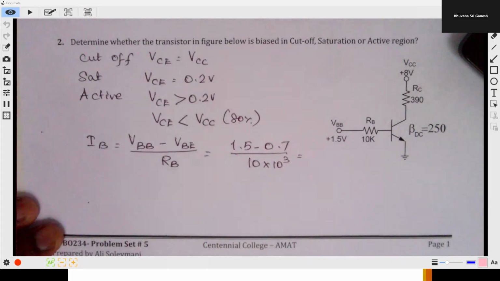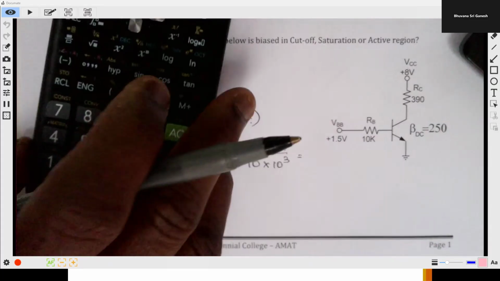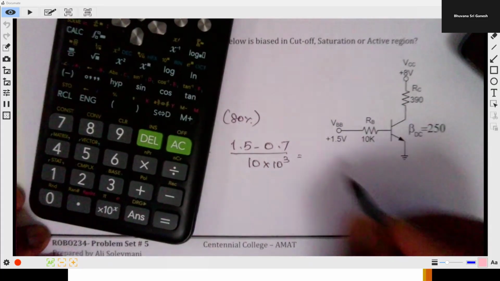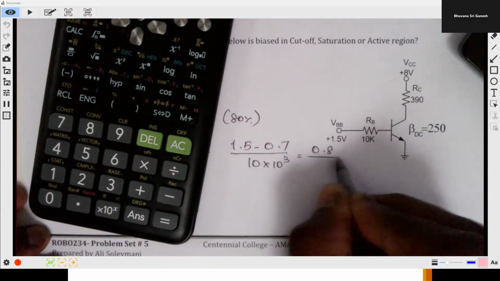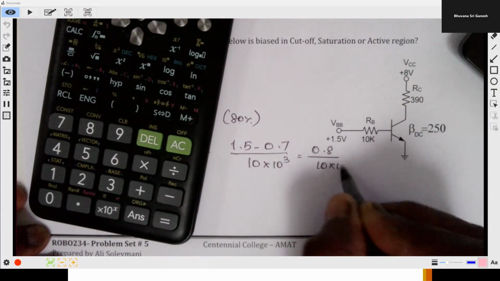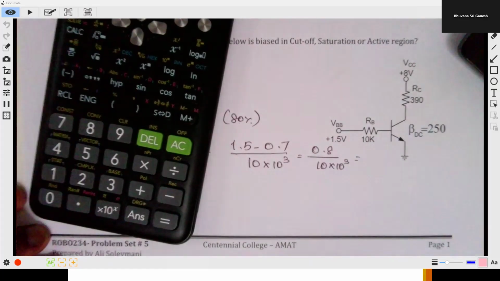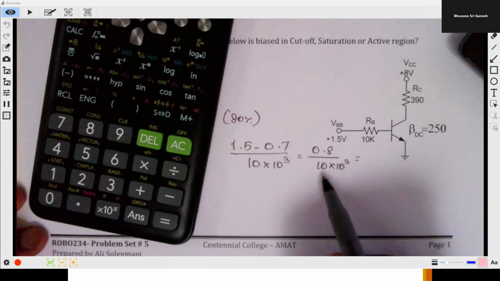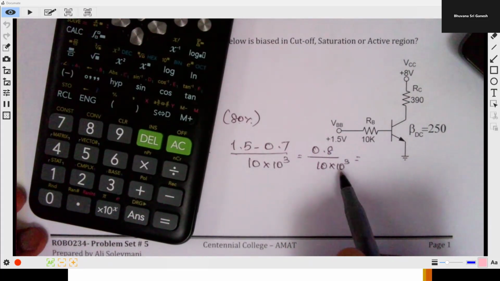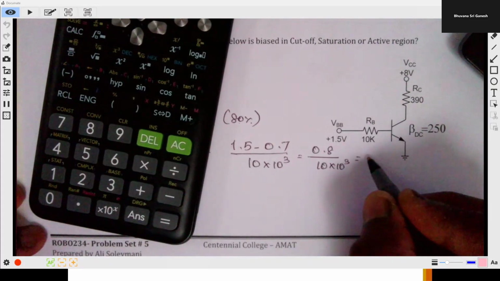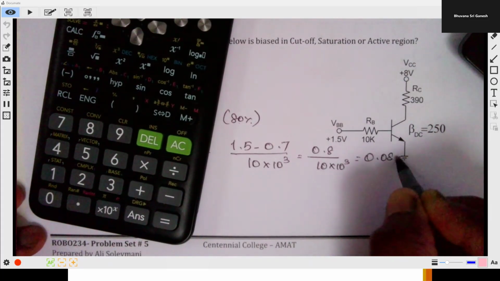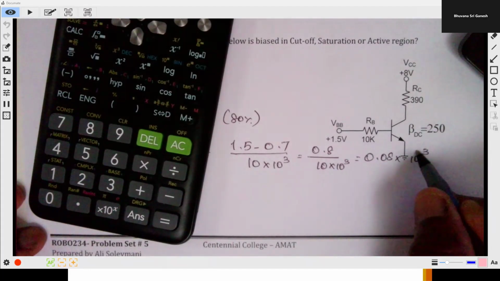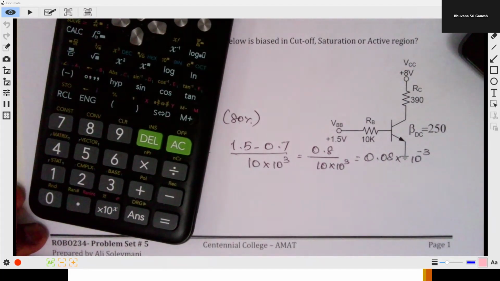On the calculator, 1.5 minus 0.7 is 0.8, right? 0.8 divided by 10 times 10 power 3 becomes 0.08 times 10 power positive 3, because the 10 power positive 3 becomes 10 power negative 3 in the numerator.